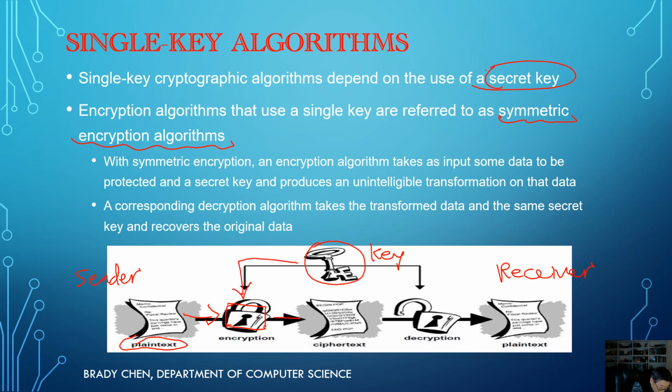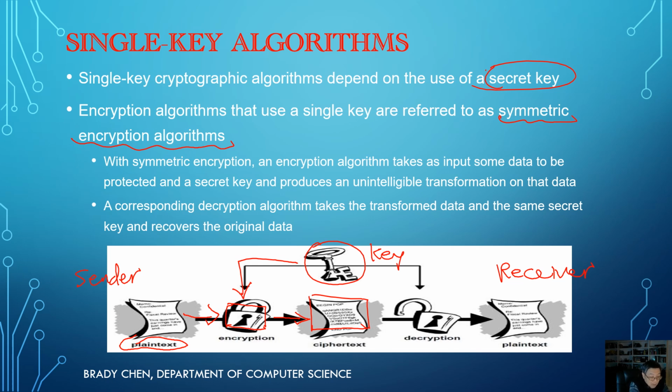Then we generate an unintelligible message. It's called ciphertext. Ciphertext is unintelligible. Then we send out this message through the internet. The internet itself is not protected, but this message is protected by the key, right?